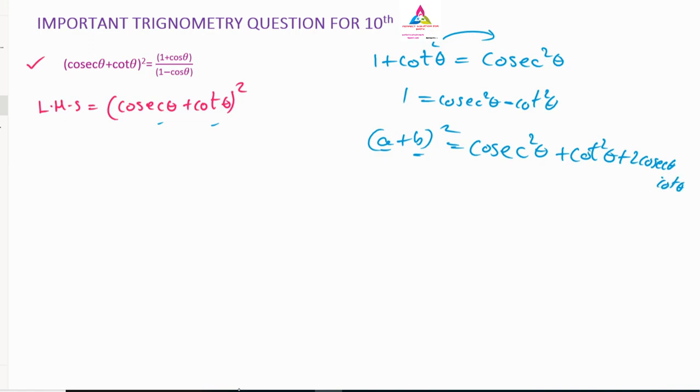But this is cosecant square theta plus cot square theta, while we have the identity as cosecant square theta minus cot square theta, so it will confuse you more.